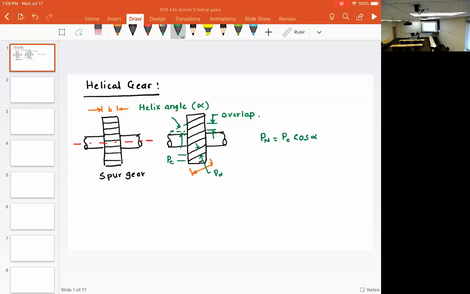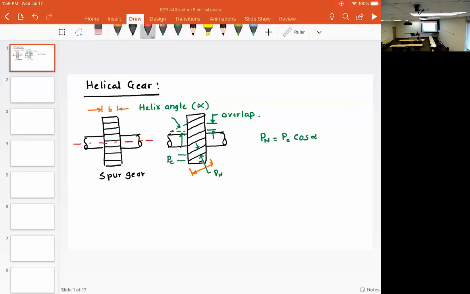If you look at the equation, it is nothing but a trigonometric relationship. If you construct the triangle, that is the trigonometric relationship between sines and cosines, and that gives you the relationship between the normal pitch and the circular pitch.